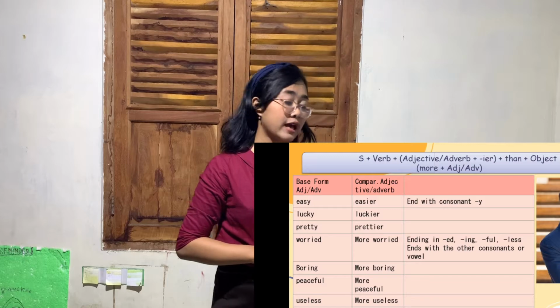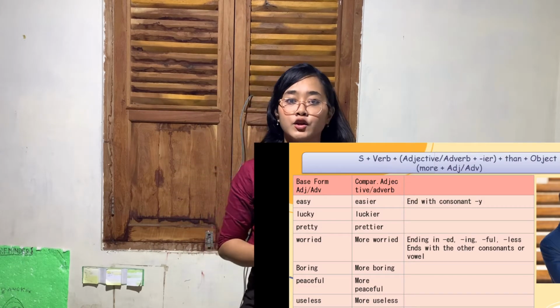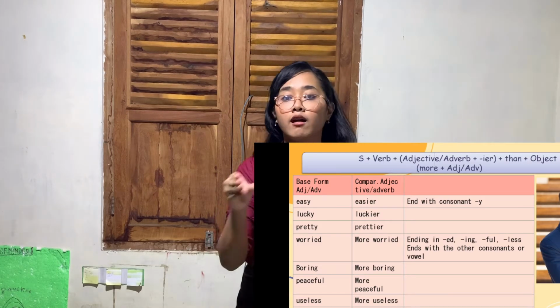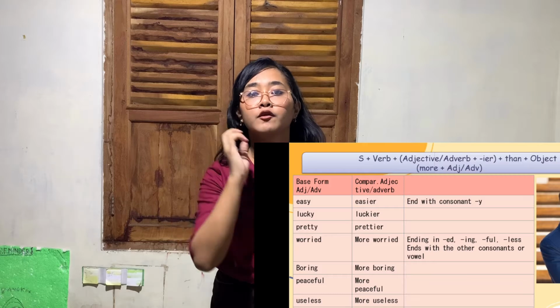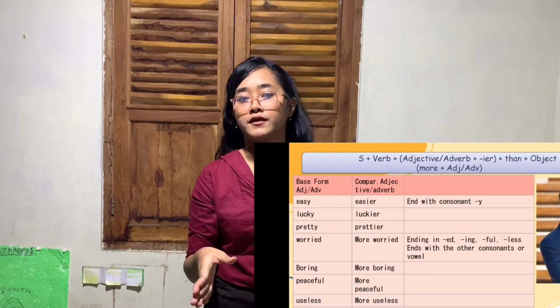Okay, if the adjective ends with consonant plus y, you must put ier after the adjective to change the base form into the comparative adjective.